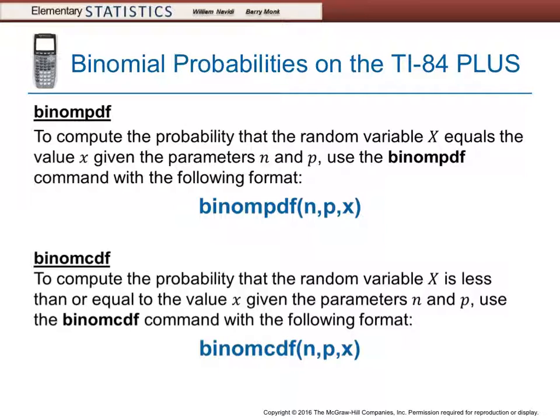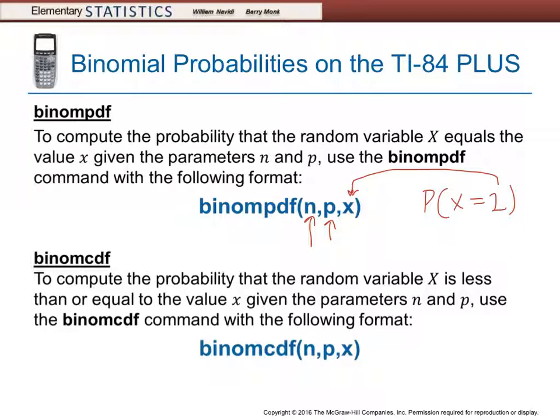So the idea here is that to compute the probability that, say, x equals 2, 2 would go here, n is the number of trials, and p is the probability of success.